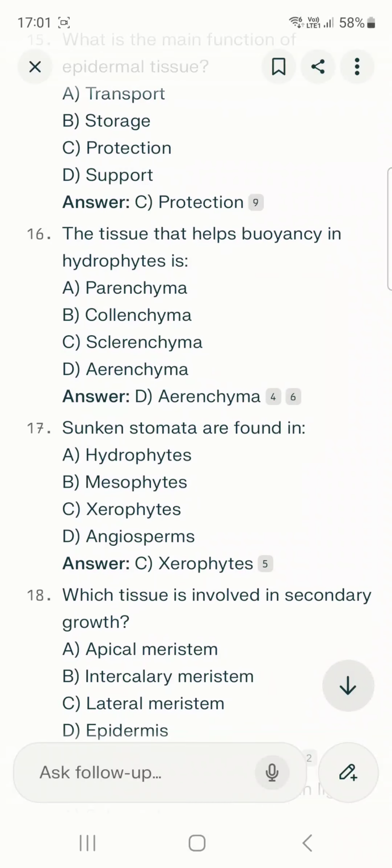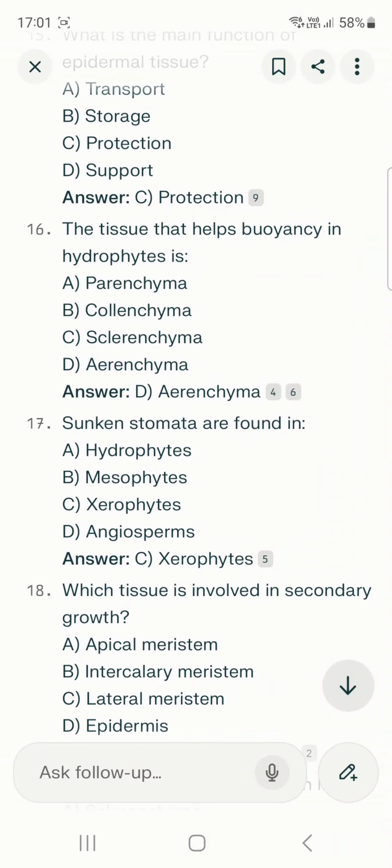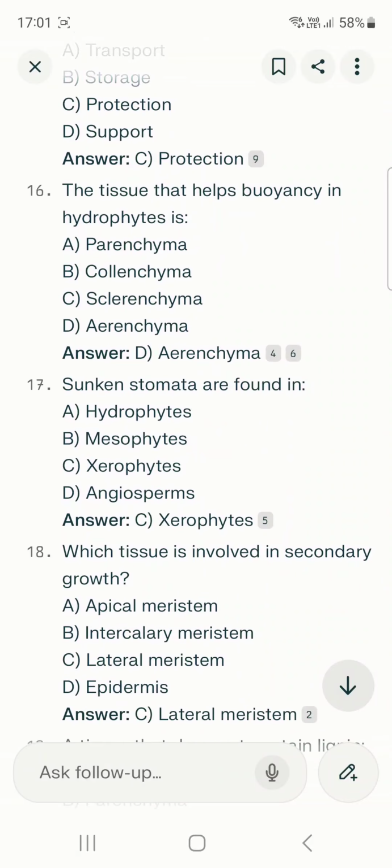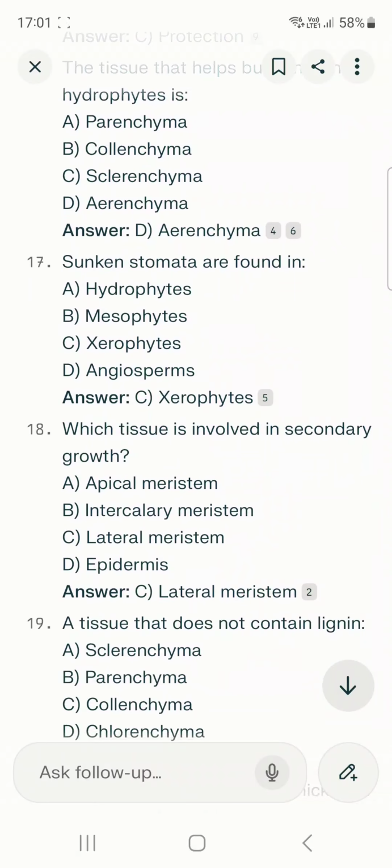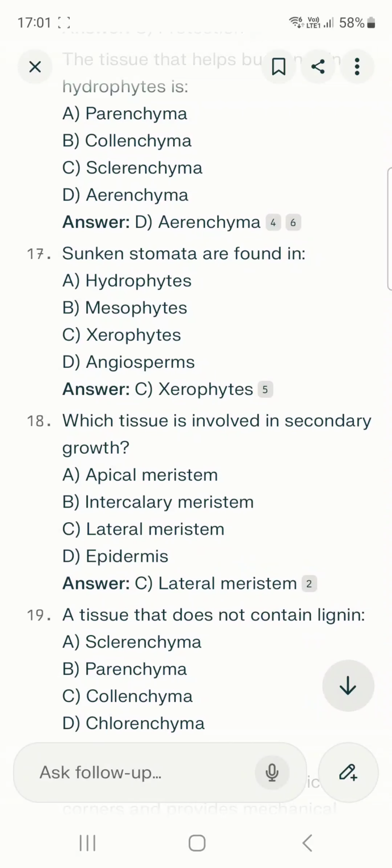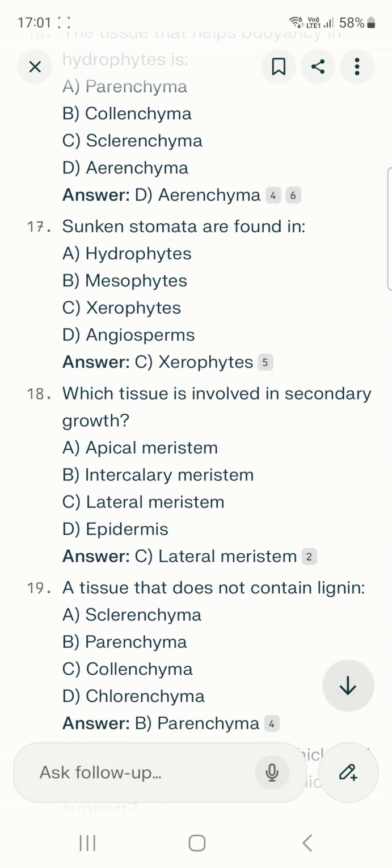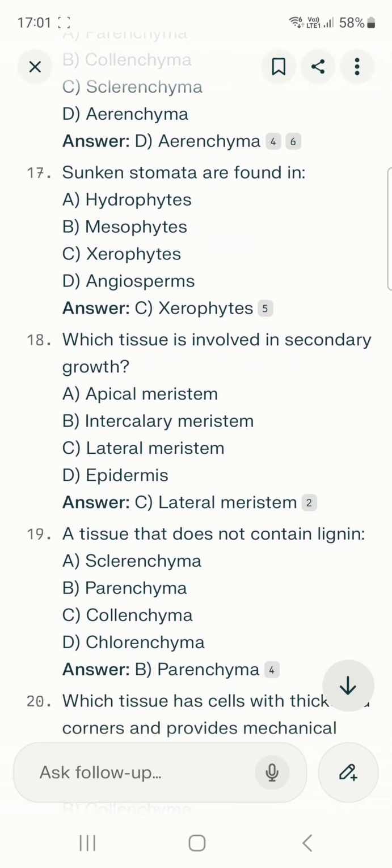Which tissue is involved in secondary growth? Option C, lateral meristem. A tissue that does not contain lignin, and the answer is parenchyma.